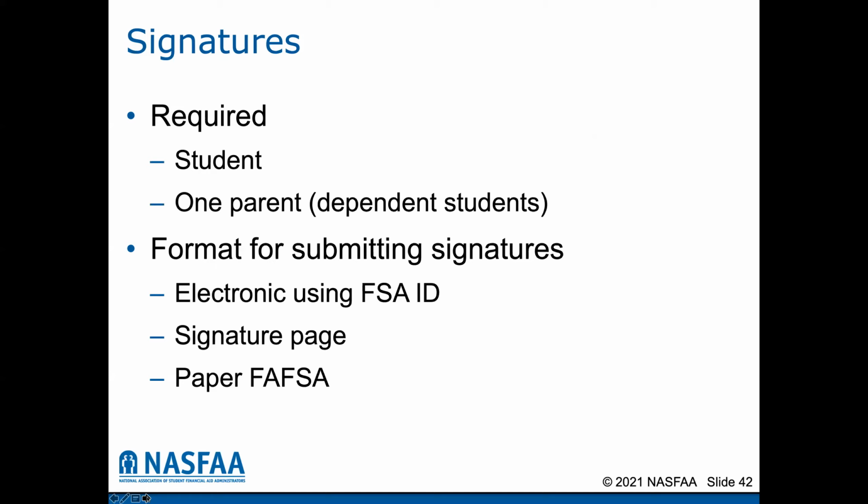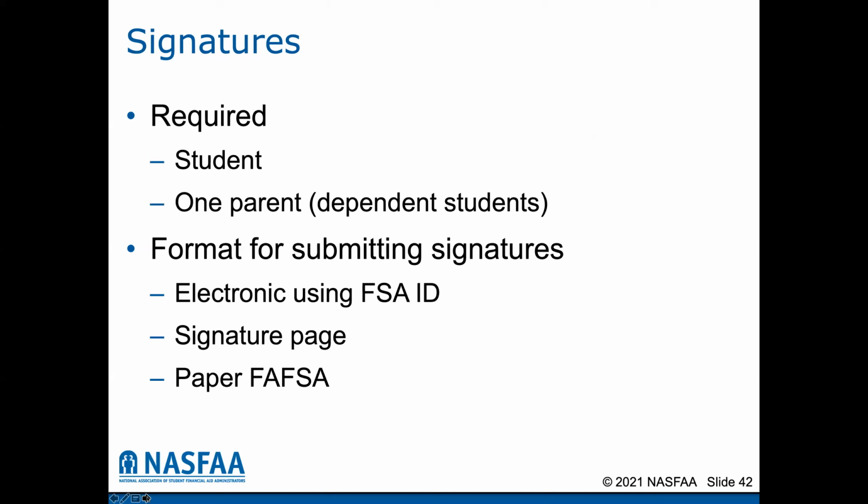The signature is required for a submission of your FAFSA, and the schools will not get your FAFSA application until the signatures are completed. And if you choose a different way of signing instead of electronically, then it will hold up the process by 14 business days. So just keep that in mind also. Signatures are required.